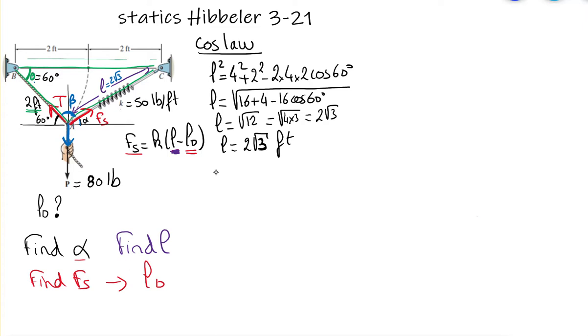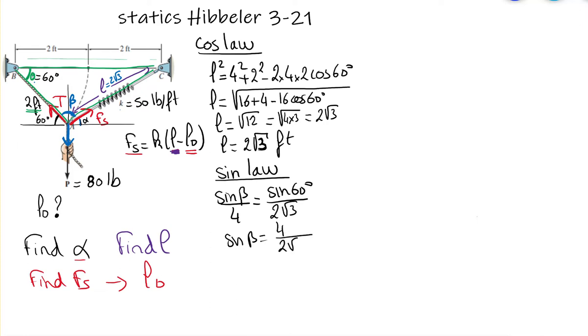So we can use the other law in any triangle, that is the sine law. The sine law says that sine of beta divided by 4 is equal to sine of 60 degrees divided by 2 square root of 3. So sine of beta is equal to 4 divided by 2 square root of 3 times sine 60.